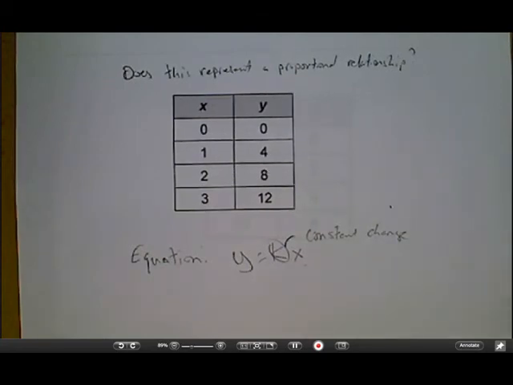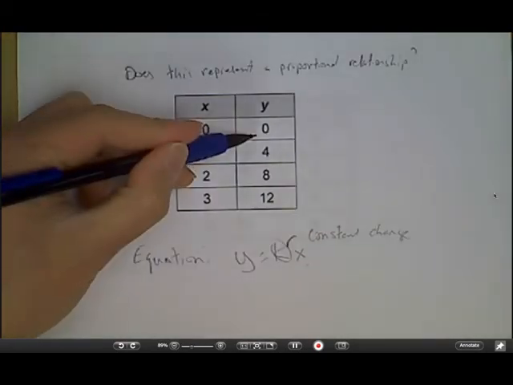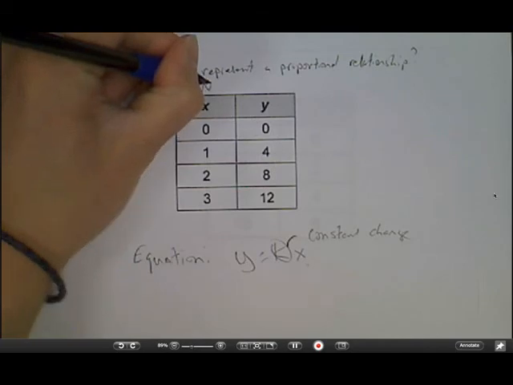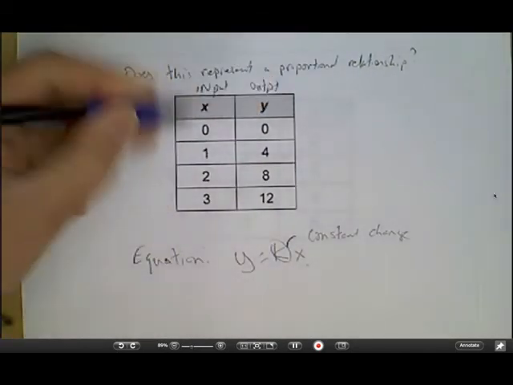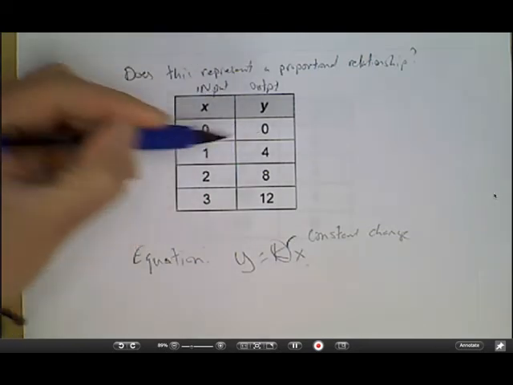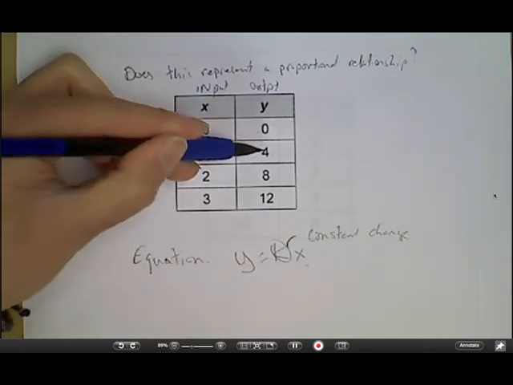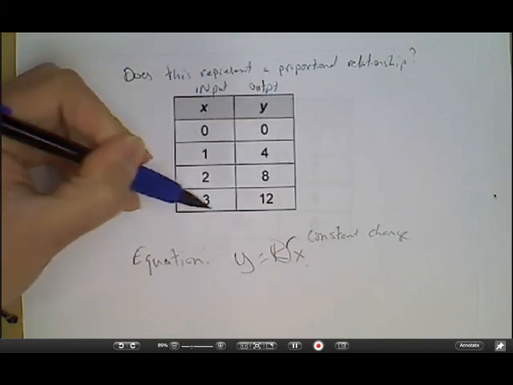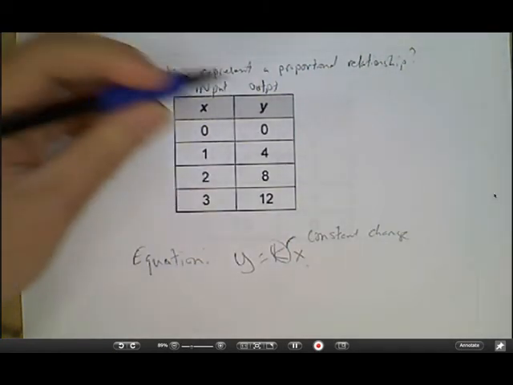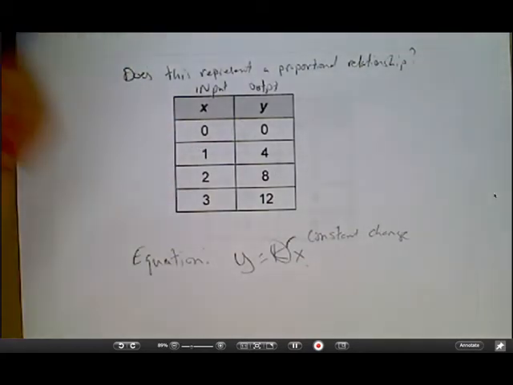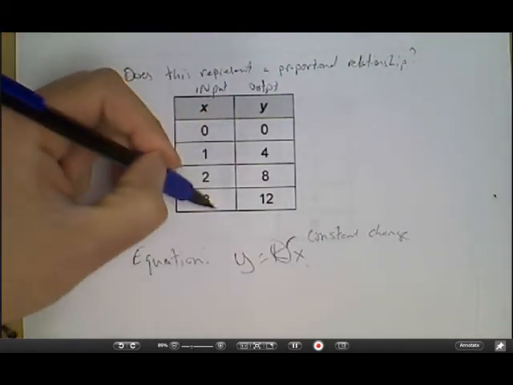So on the screen, you have when x is 0, y is 0. So this is input, this is output. When I put 0 in, I get 0 out. When I put 1 in, I get 4 out. 2, I get 8. 3, I get 12. The easiest way is to ask yourself, what can I do mathematically to get the same constant every time?